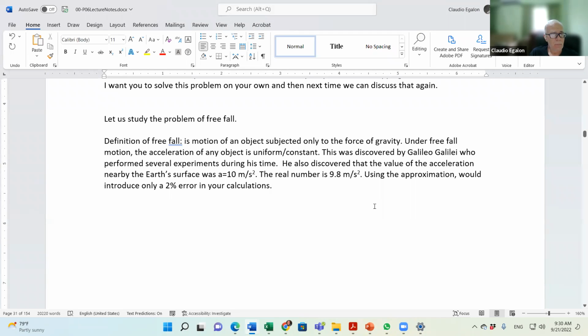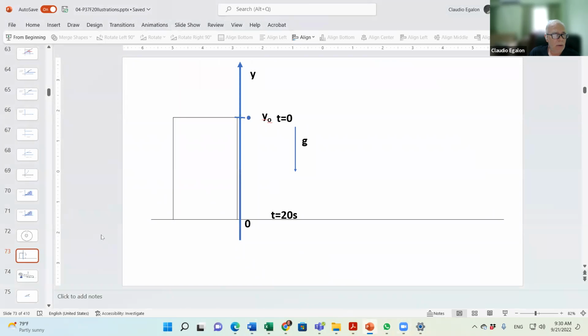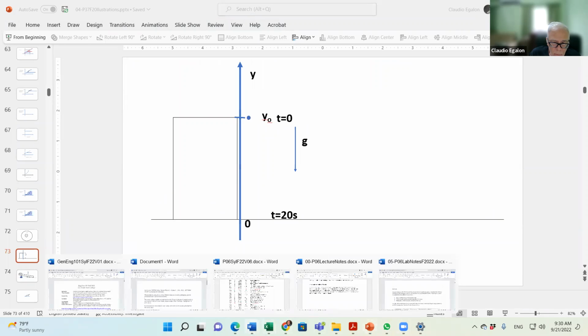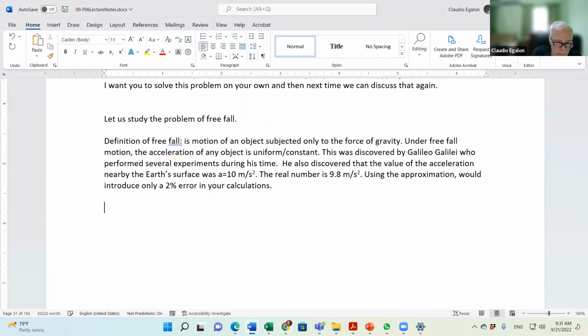Okay. So the situation is the following. Here you go. I'm going to illustrate here in my PowerPoint. I'm going to do an example. Lab notes, lecture notes. Example. Free fall example.